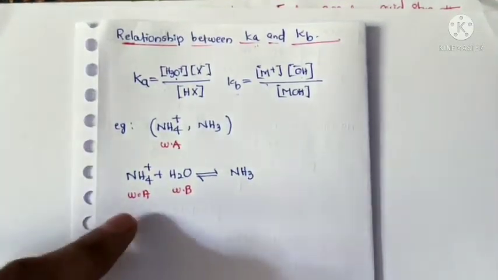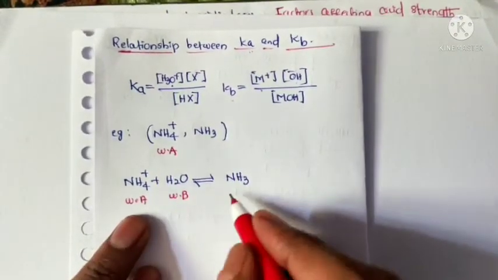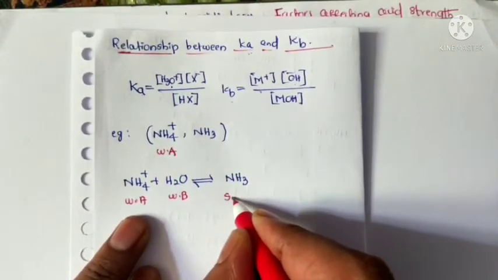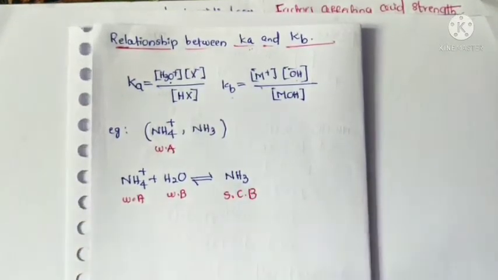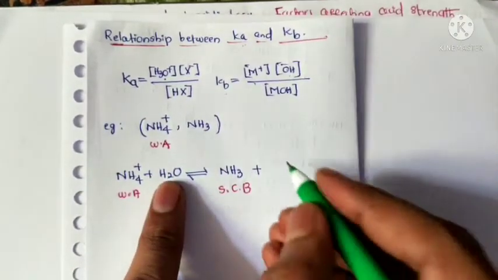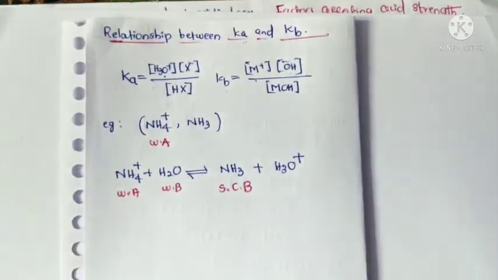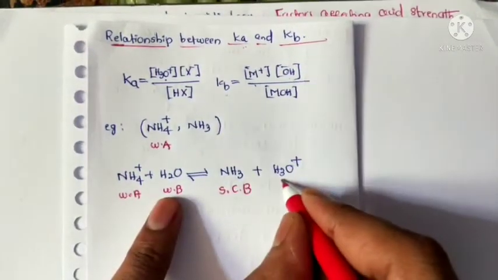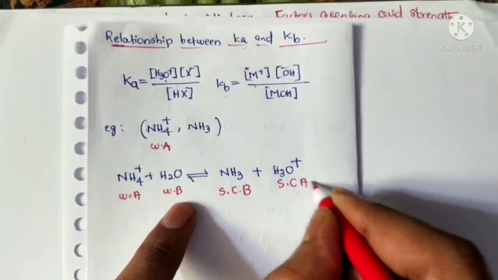That is, the weak acid, after donating one proton, is converted into a strong conjugate base. After accepting one proton, water is converted into the hydronium ion. That is, the weak base is converted into a strong conjugate acid.